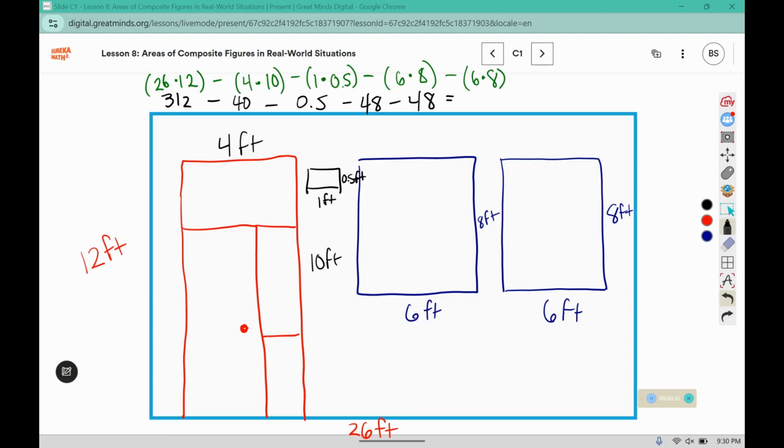So the whole wall, if we were to paint, would be 312. But we're not painting the door. We're not painting the exit sign. We're not painting the windows. Which leaves us with 175.5 feet squared. That would be our answer to part B.